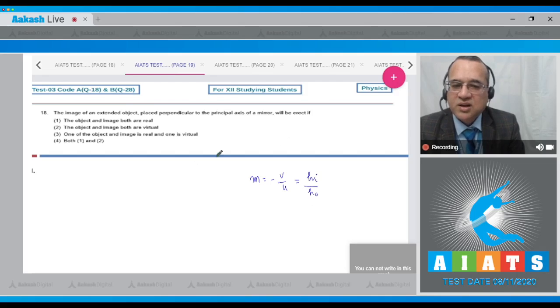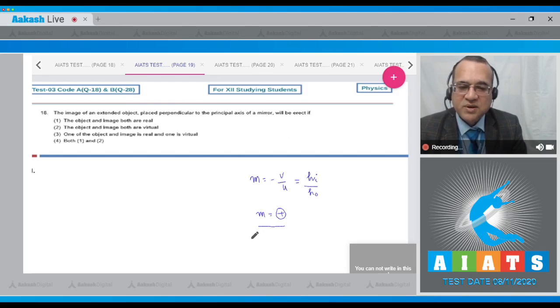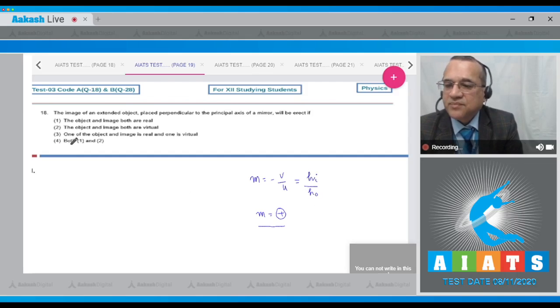Now, you want the image to be erect, so m should be positive. For m to be positive, either both are positive, or if one is negative, the other should also be negative. That means that if the image is erect, then the object and image should be one real and one virtual. The answer to this question is option number 3.